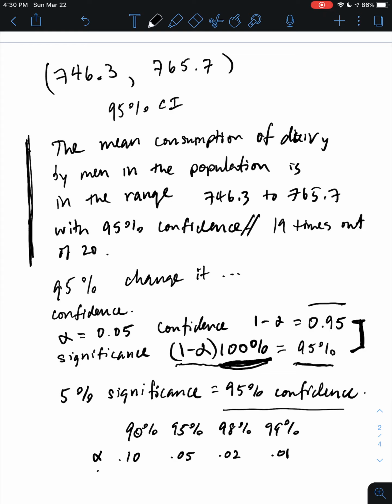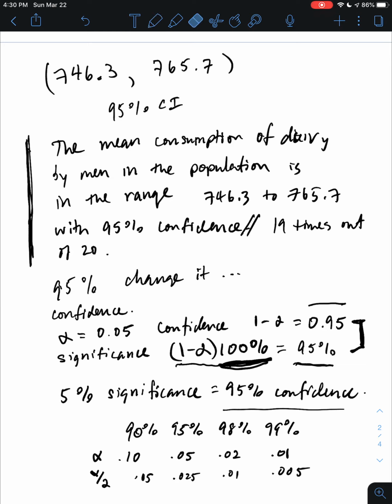Okay, now for reasons which will become clear in a moment, we often talk about alpha over 2 as well, and that's simply dividing alpha by 2. So 10 divided by 2 is 5. 5 divided by 2 is 0.025. 2 divided by 2 is 0.01, and this is 0.005.